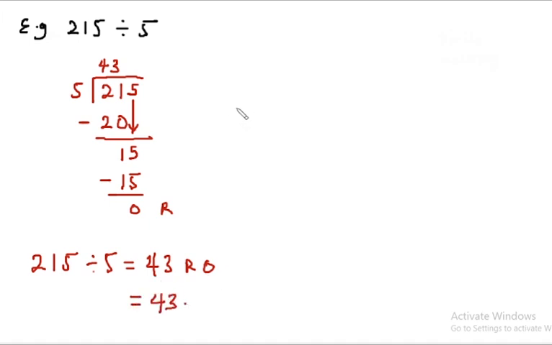To take another example, let's say we have 313 divided by 4. You can pause the video and try to solve this one yourself. So like we did before, we write our division sign, 313.